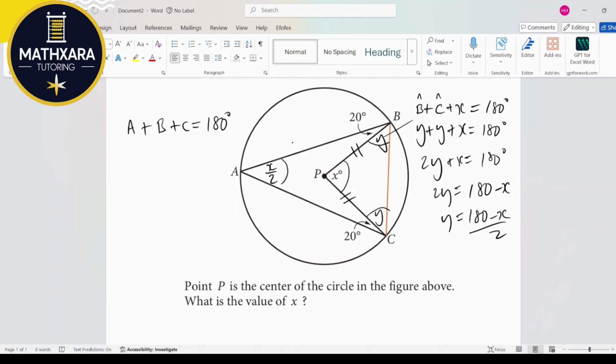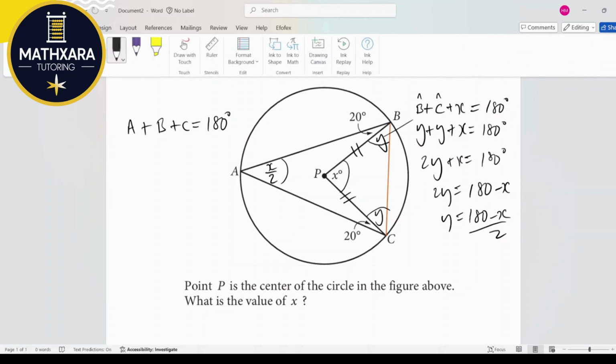Now the entire angle ABC would be 20 plus y. And we know that y is (180 minus x) divided by 2. And same thing for C, which would be (180 minus x) divided by 2 plus the 20, which was y.